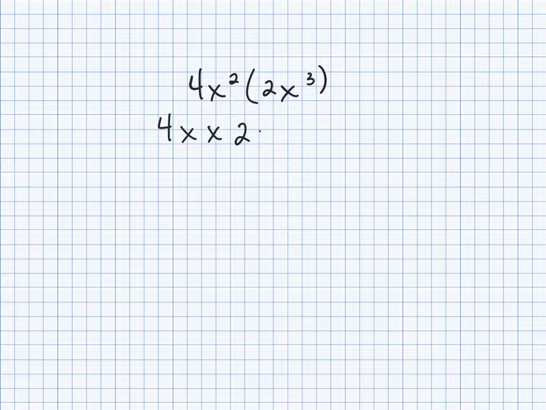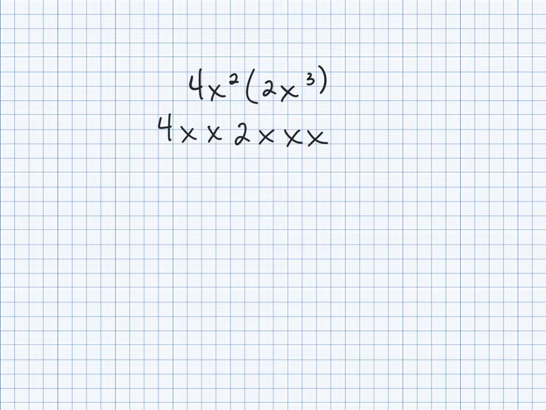One of the things I want to review is how to multiply something like this. It's important to note that you can multiply in any direction. So what we can also do is expand this out to be 4 times x, and then 2 times x times x times x.